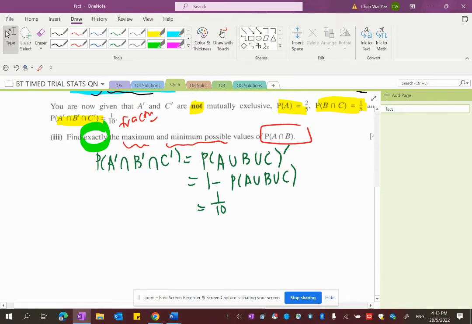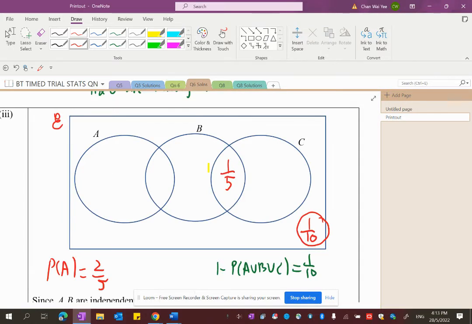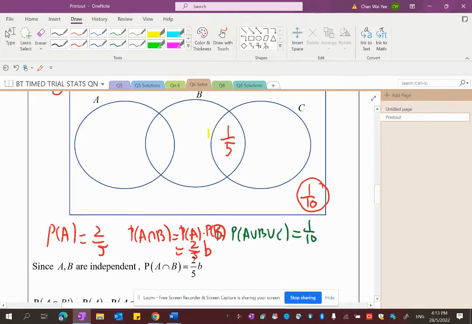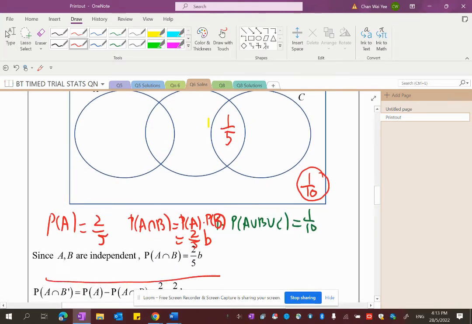So I can easily find A intersecting B, which equals P(A) multiplied by P(B), which is 2/5 P(B). So this is how I got the answer.